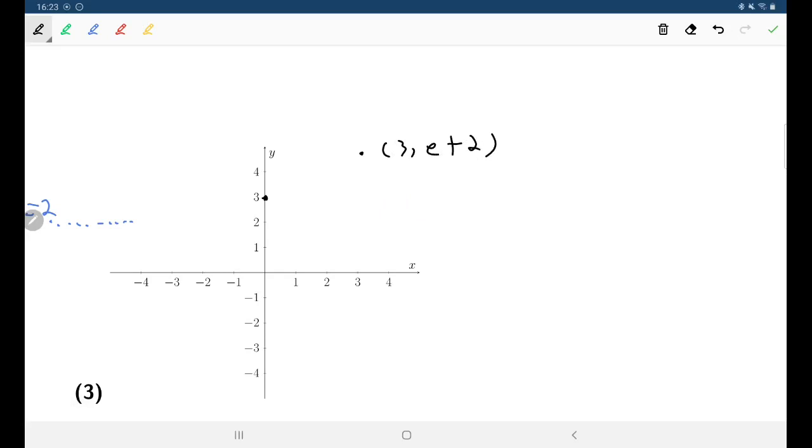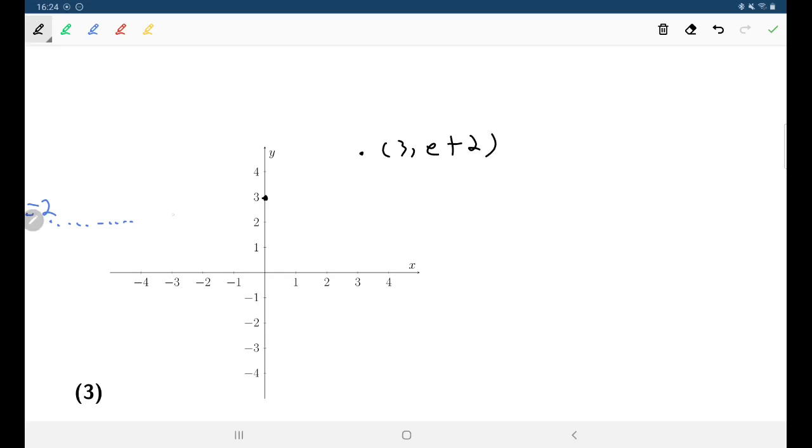That would be the exact way for me to write the y coordinate here. If you wanted to know approximately what is e plus 2, you can use your calculator and find out that it's about 4.7. So I've put it a little bit above 4. But again, we're not going to be putting in decimal values here. We're going to be writing exact values only.